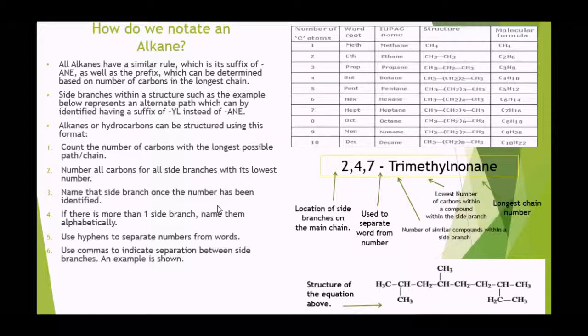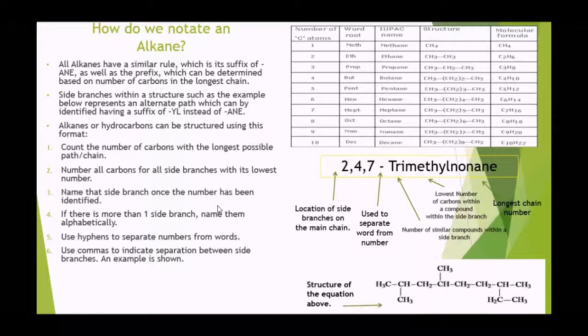And we also have side branches within this entire compound, and we can determine a name for them using the suffix of -yl instead of -ane. So what we're seeing here is 3 compounds that are similar: CH3, CH3, and CH3.